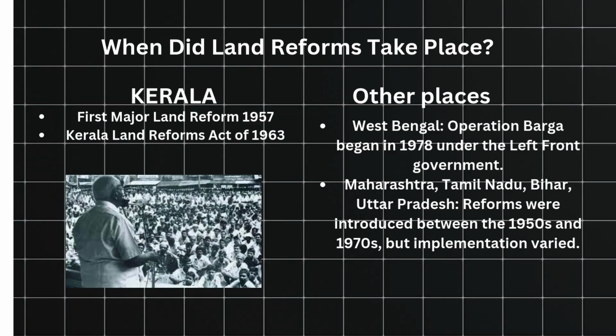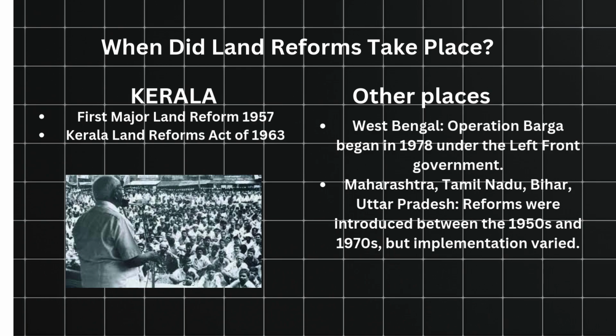When did these land reforms take place? In Kerala, it was initiated by the first major land reform in 1957, and also the Kerala Land Reforms Act of 1963. In other states such as West Bengal, it was initiated by Operation Barga, which began in 1978 under the Left Front government.